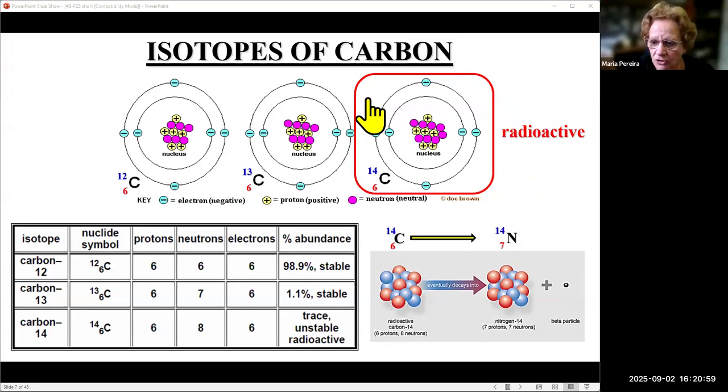Okay, so what's so special about this carbon 14? Well, because carbon 14 has 8 neutrons, now it becomes unstable. So carbon 14 is radioactive because one of the neutrons is going to explode, and it's going to release 1 electron and 1 proton.